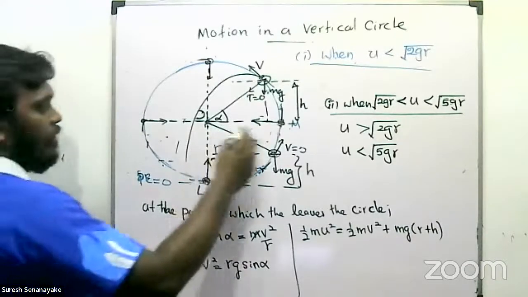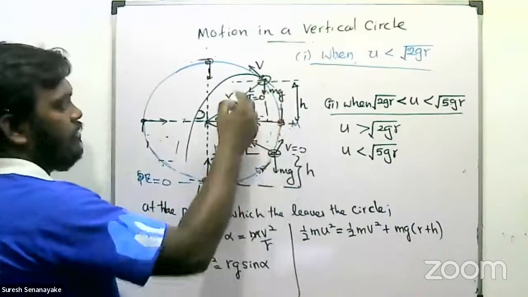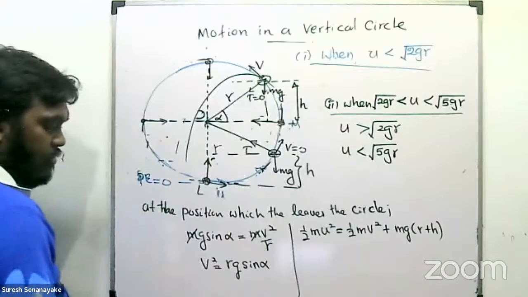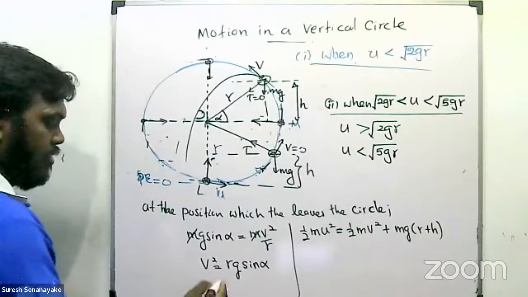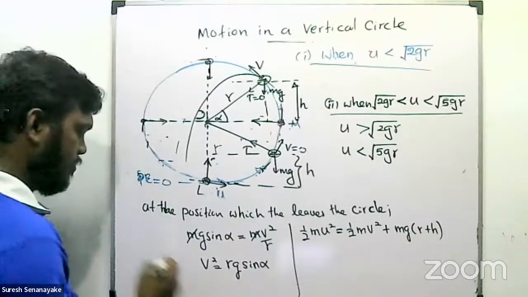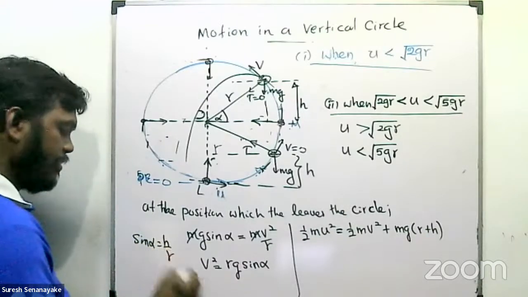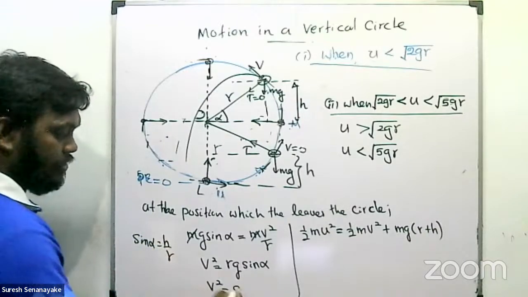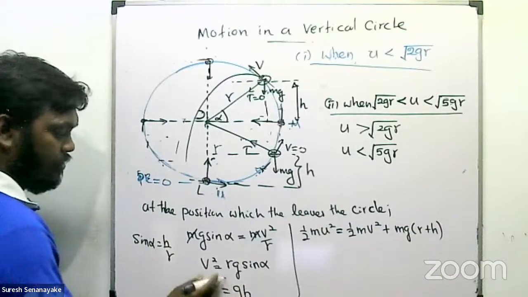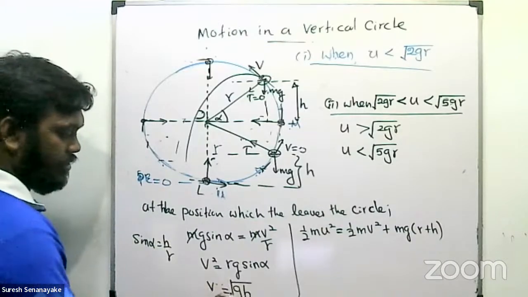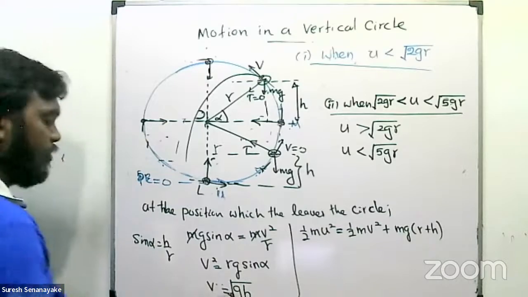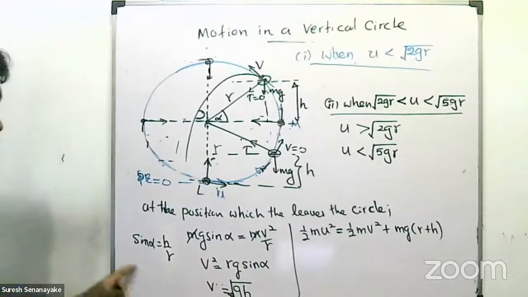And sine alpha you can write as h divided by r. Substituting, v square equals gh. So v equals square root of gh. If you know this h, you can write it in this way, or h equals r sine alpha.